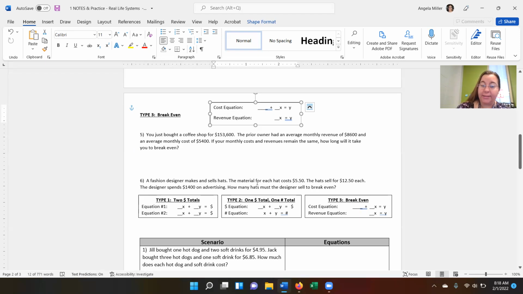But if I make 2 hats, I have to buy the material for 2 hats. That's going to cost me $11. So the more I make, the more I have to purchase, right? So my costs increase per item. Same thing with revenue, right? The more I sell, the more revenue I make. So that's variable. It's going to change depending on the number that I sell.